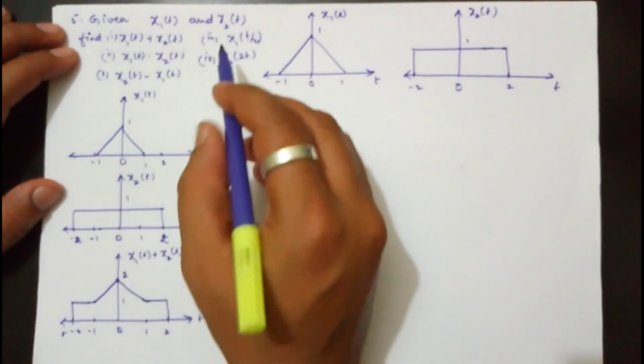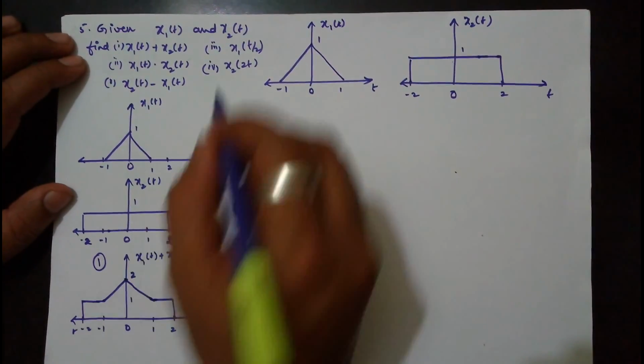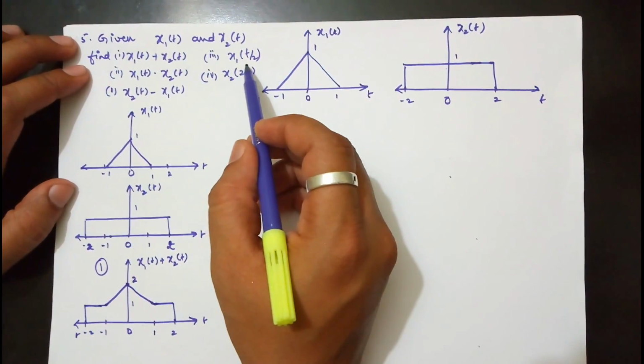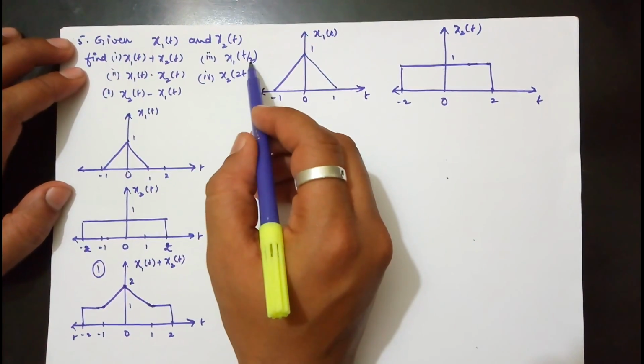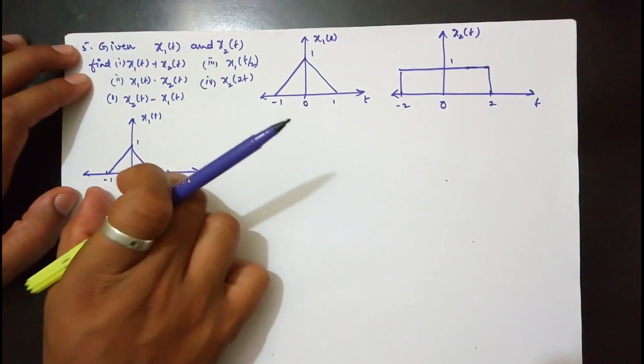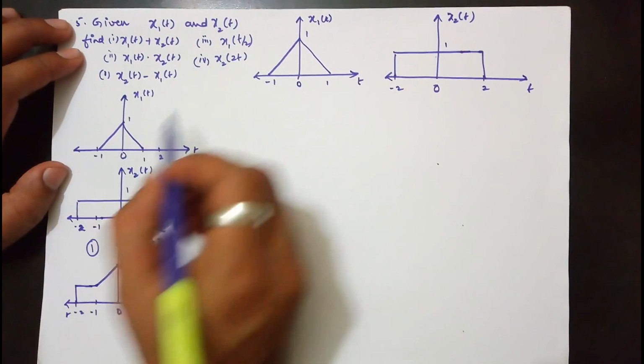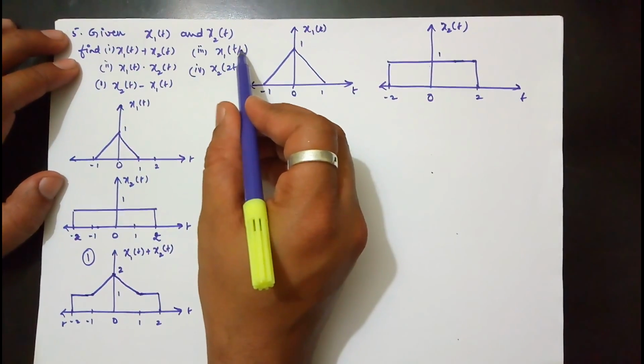Now the second one is x1 of t by 2. From the basics, it's pretty clear that when you have a scaling factor in the denominator, your time axis or the waveform gets expanded, and the expansion factor is 2.